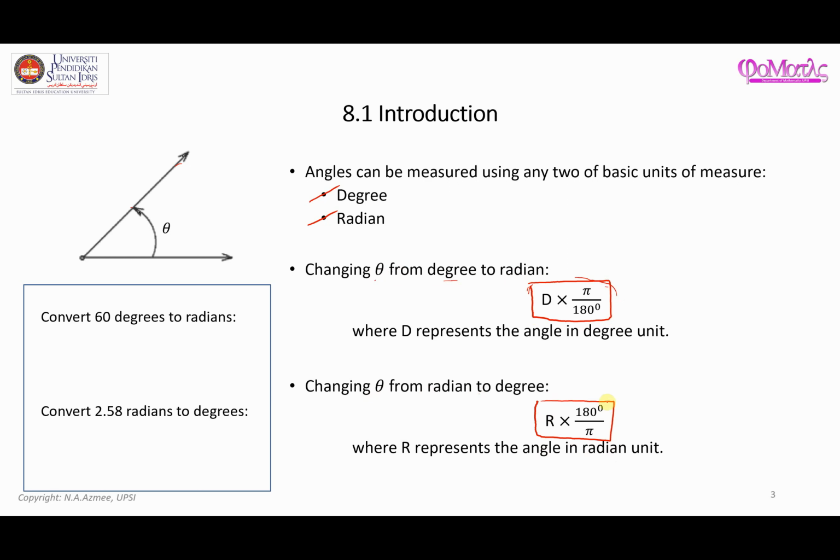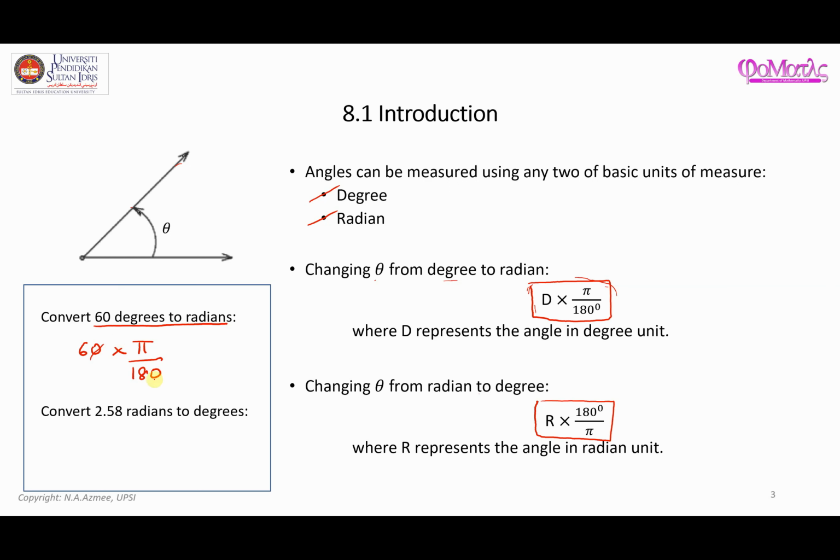As a simple example, let us try to convert 60 degrees to radians. According to the formula, I have 60 degrees times pi over 180 degrees.